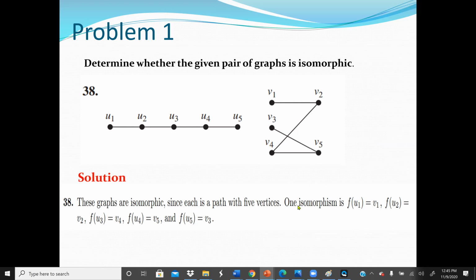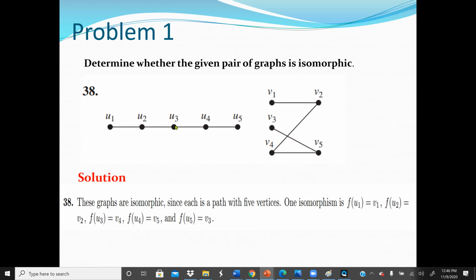Then one isomorphism is f(u1) = v1, as we said earlier, because they have 1 degree. And also f(u2) should be v2, yeah, because it goes here 1 and 1, so 1 and 1.